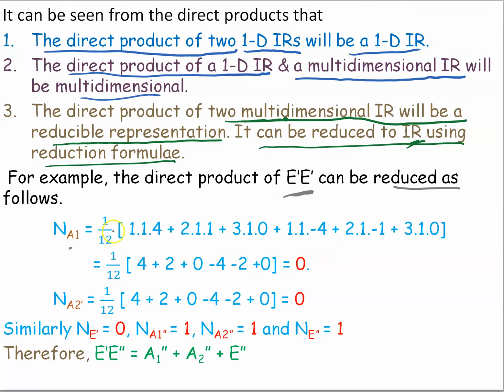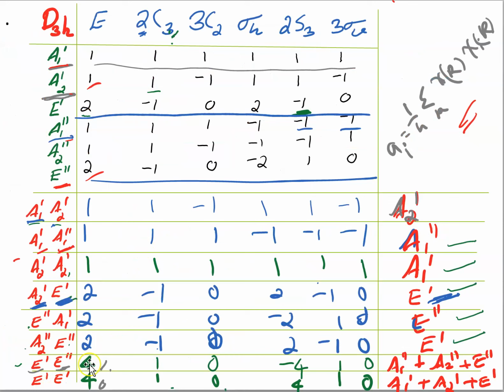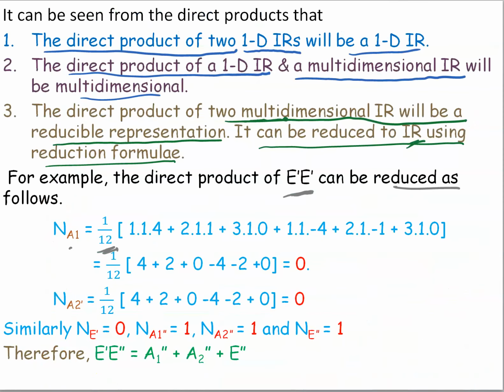I will not explain this. This is 1 by 12 into 1 into 1 into 4, that is here, this is E dash. So 1 by 12 into 1 into, here E is 1 into A1 dash. Like that, 2 into 1 into 1, 3 into 1 into 0.